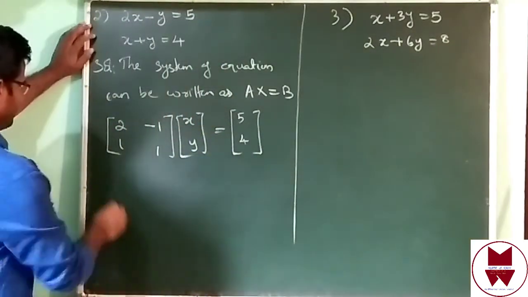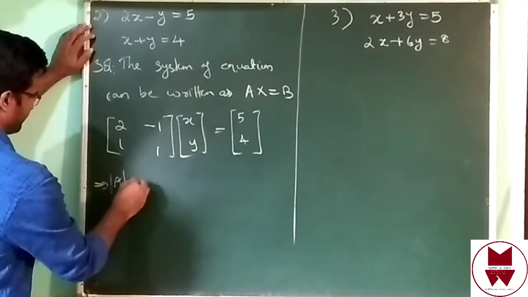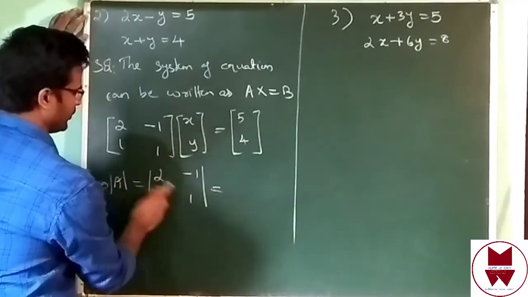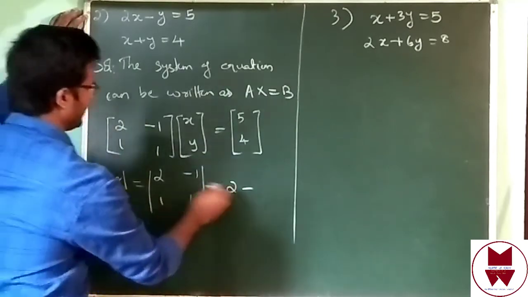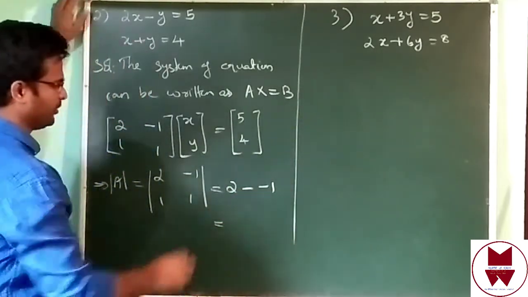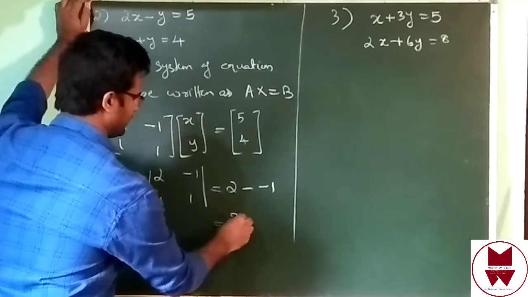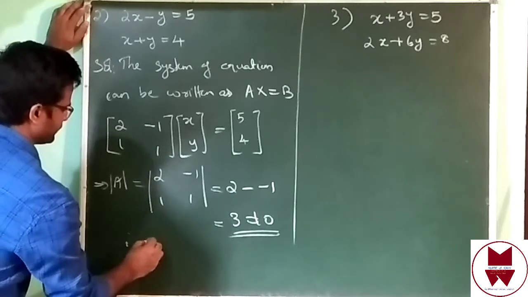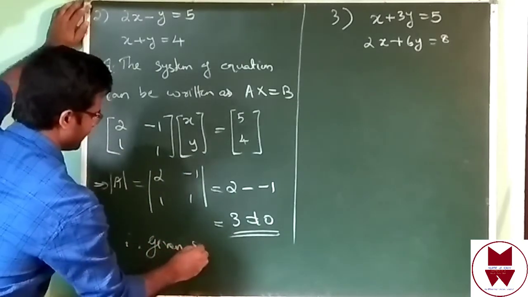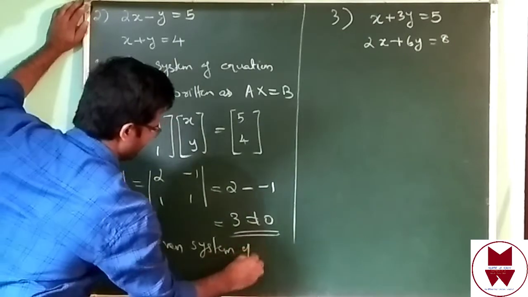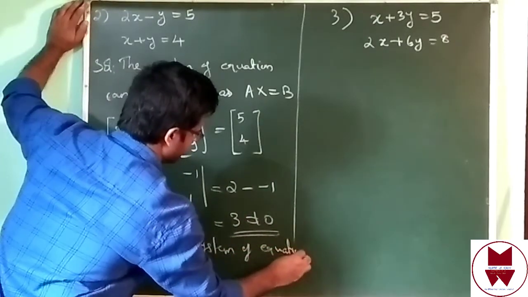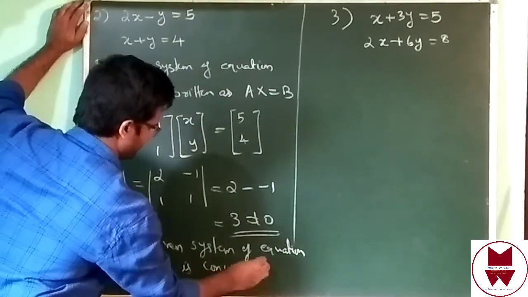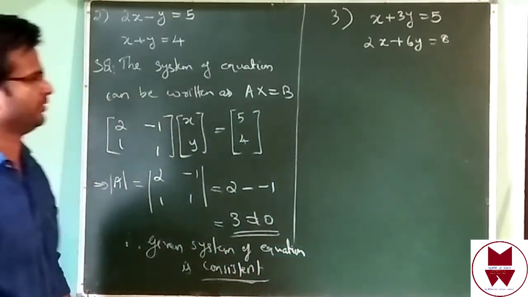Then take the determinant of A equal to determinant of 2, minus 1, 1, 1, equal to 2 into 1, 2, minus 1 into minus 1, minus 1, equal to 2 minus minus 1. That means 2 plus 1. You will get 3. 3 not equal to 0, isn't it? Therefore the given system of equations is consistent because we got the answer 3, not equal to 0.